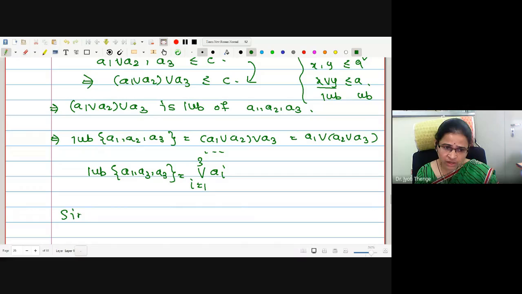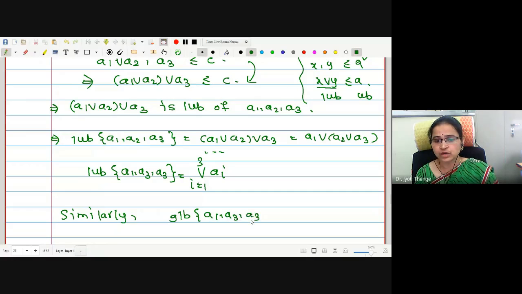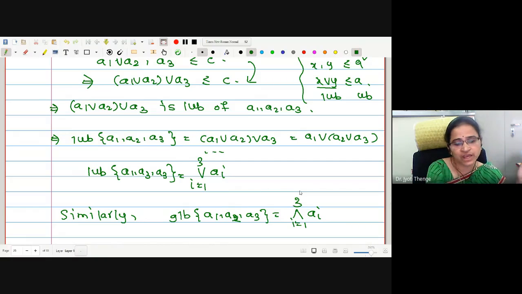With a similar reasoning, one can say that GLB of a 3-element subset will also exist and it is given by the meet of Ai, i equals 1 to 3. That's what we have shown, that for every 3-element subset also LUB and GLB exist.